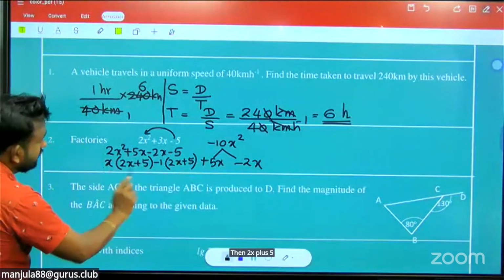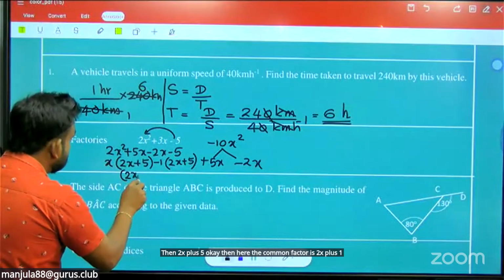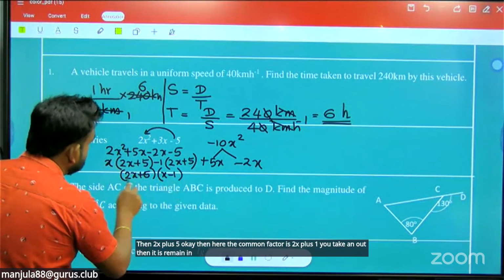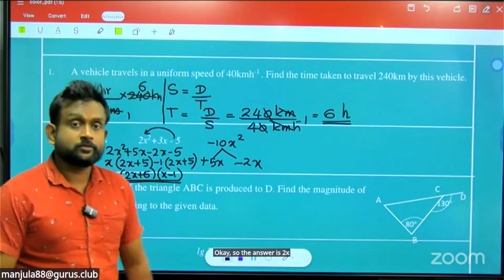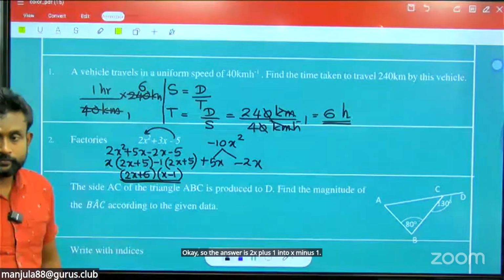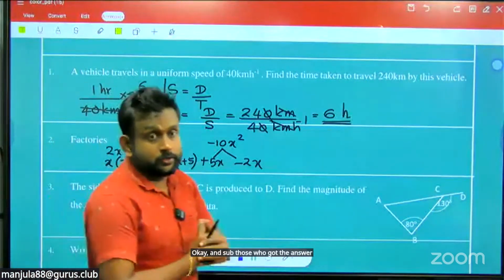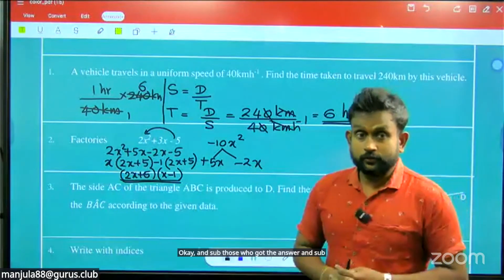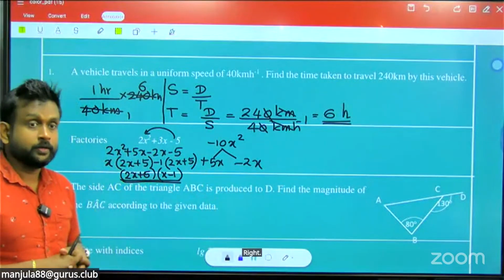Then the common factor is 2x plus 5, and what remains is x minus 1. So the answer is 2x plus 5 into x minus 1. Those who got the answer, hands up. Okay, excellent.